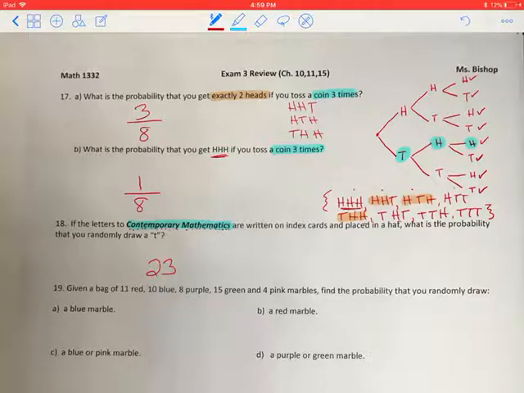So there's 23 letters altogether. Let's see how many of them are T's. There's a T there, a T there, and a T there. So 3 of them are T's. The probability of drawing a T would be 3 out of 23.